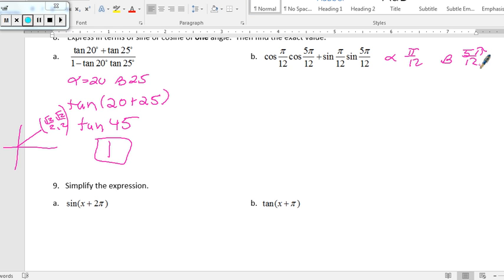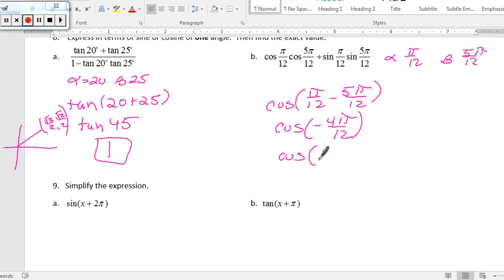So what we're really looking at is the cosine of pi over 12 minus 5 pi over 12, which gets you the cosine of minus 4 pi over 12, which reduces to the cosine of negative pi over 3. When I'm at negative pi over 3, the coordinates are 1/2, negative square root of 3 over 2. We're looking for the cosine of that, so we will get 1/2.